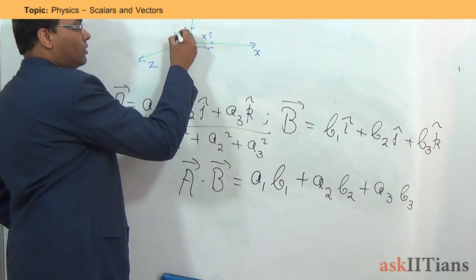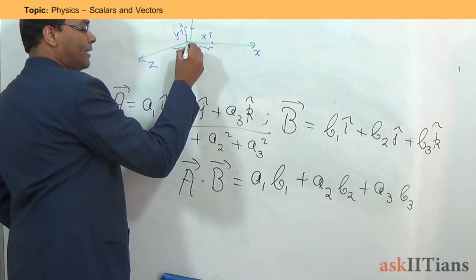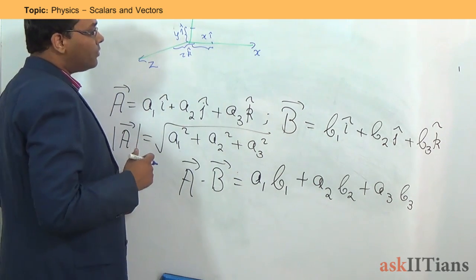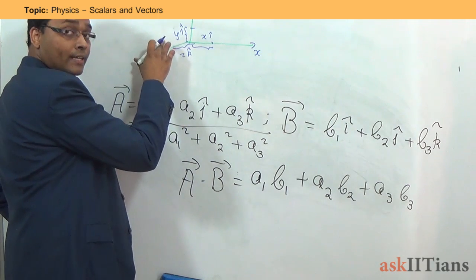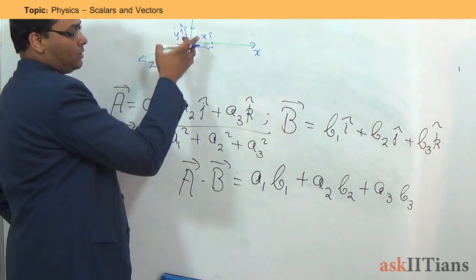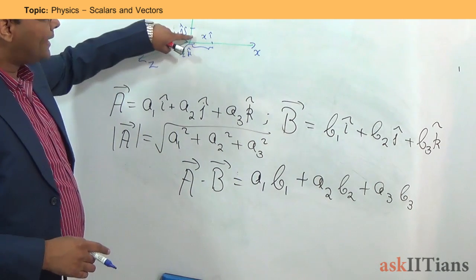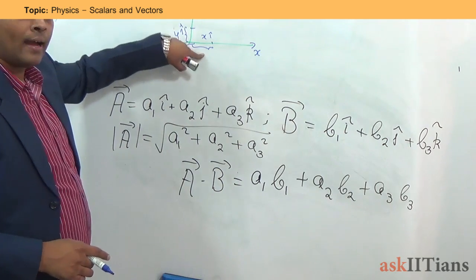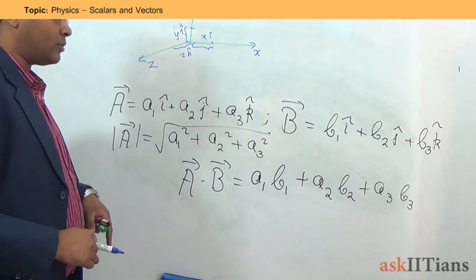Or I can take y j cap here, or z k cap here. So these are the three directions, three values. If I want to take a projection of this x along the y direction, if I take a dot product, the value should be 0. Why? Because the angle between these vectors, that is I and j, j and k, k and I, is 90 degrees. Therefore, cos theta values are going to be 0.